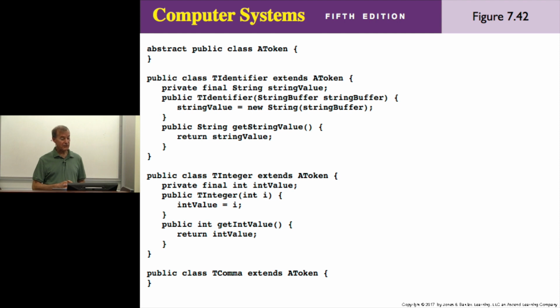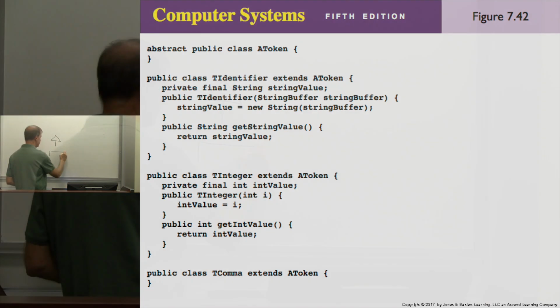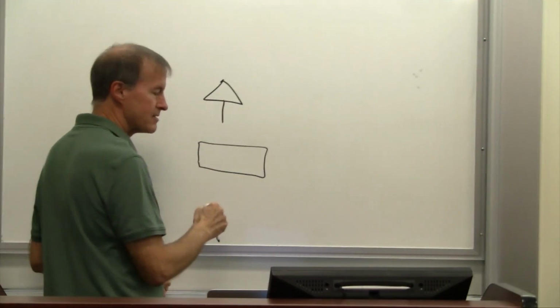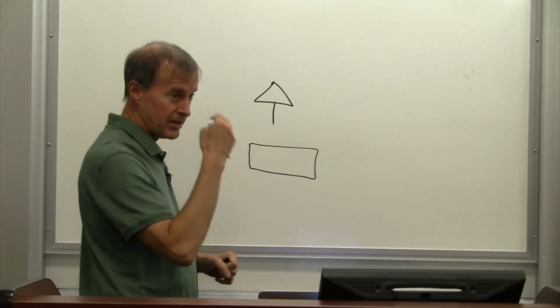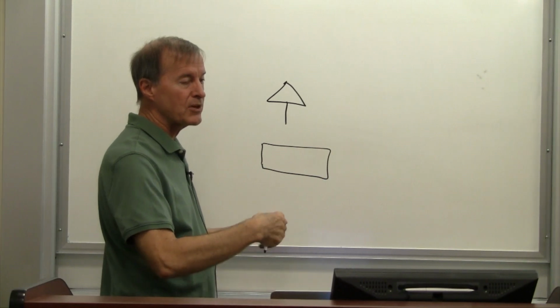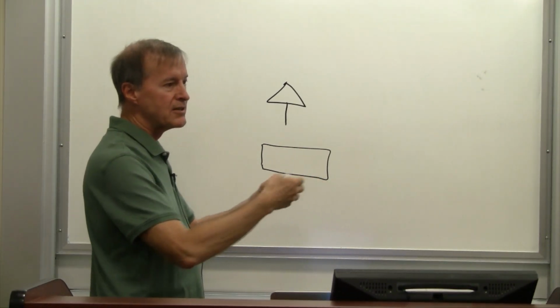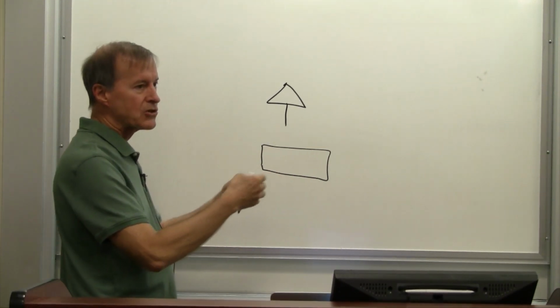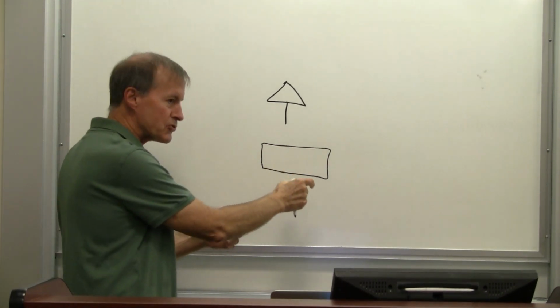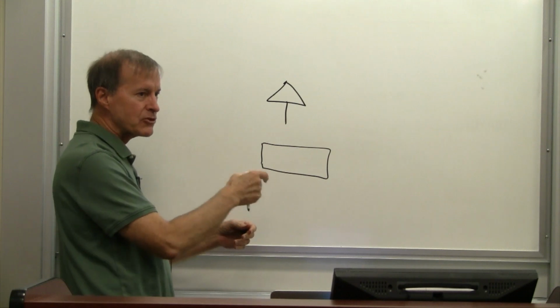Yes, and the string value is its attribute. So here's what you should do. You should think of these tokens as being wrapped up in a box. When the parser gets a token from the tokenizer, it needs to be able to extract the attribute from that token.